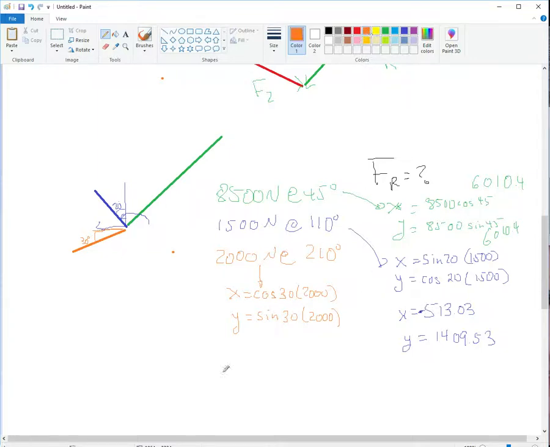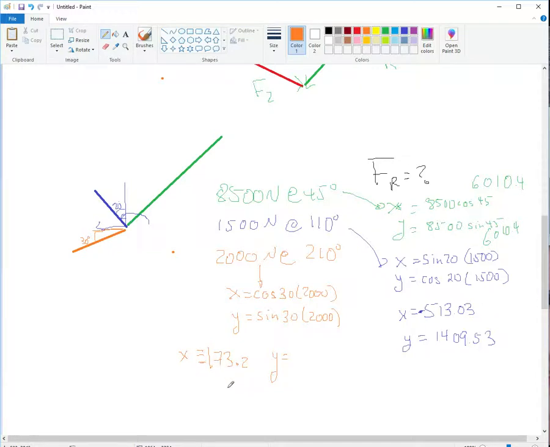And then we do the same thing for our orange line. So the x value is going to be cos of 30 times 2000. I feel like I've done 2000 twice. Did I mess up? No, I didn't. Anyways, it is going to be 1732. Again, this is going backwards, so therefore it is a negative 1732. And then the y value is sine of 30 times 2000.